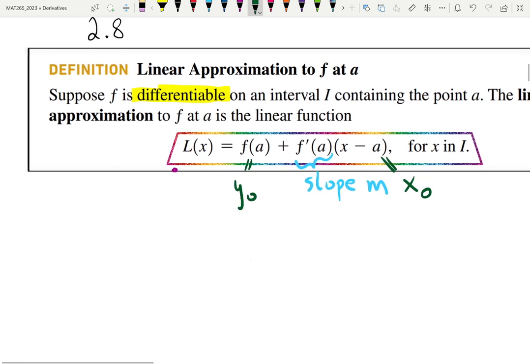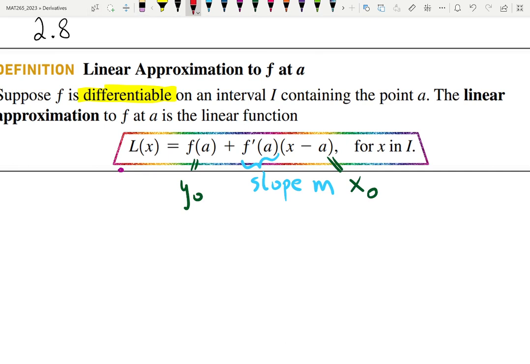Because it's an approximation, you can write down that f at a, the original function at the point a, is approximately capital L at a, or in the whole interval.